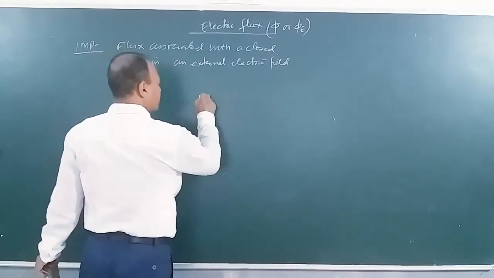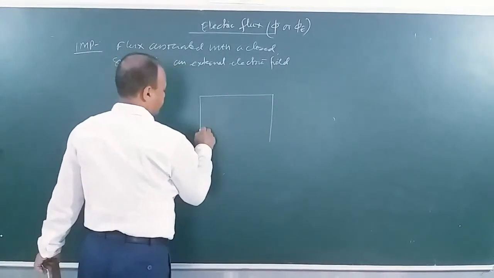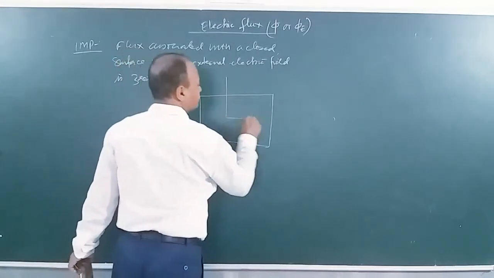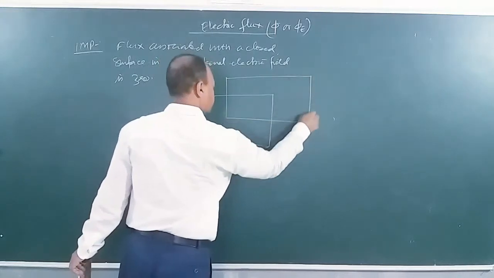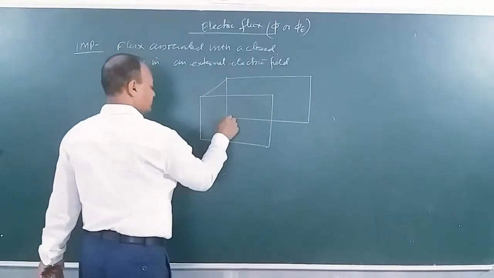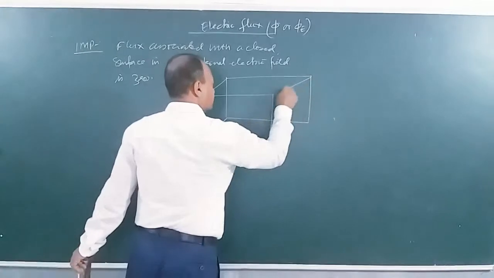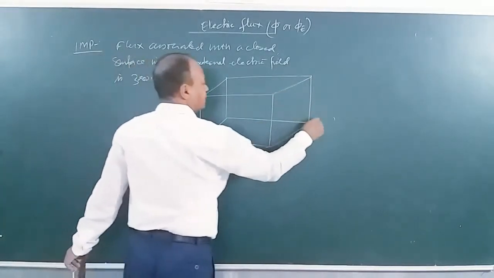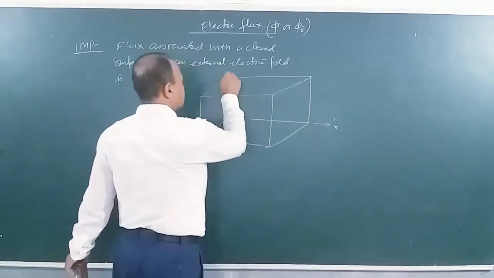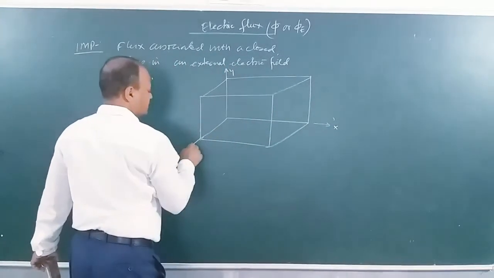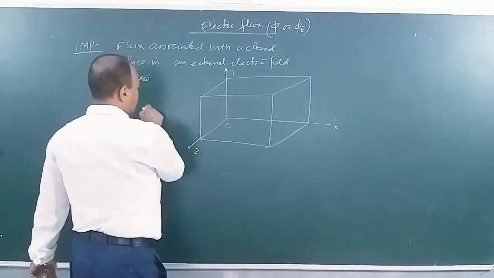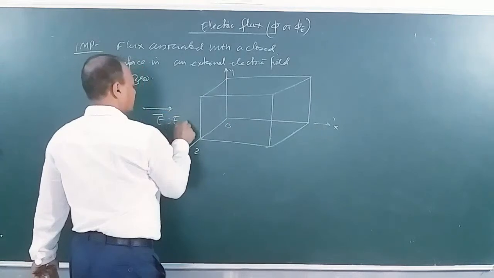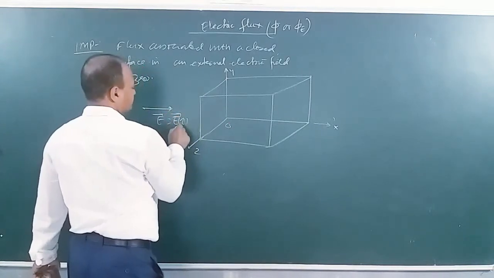Suppose I consider a cube, for example. Okay, this is the x axis, this is the y axis, this is the z axis, and the electric field is pointing along the x axis, suppose E naught.